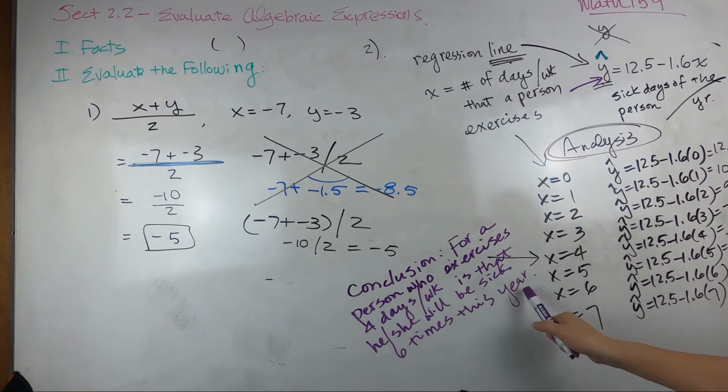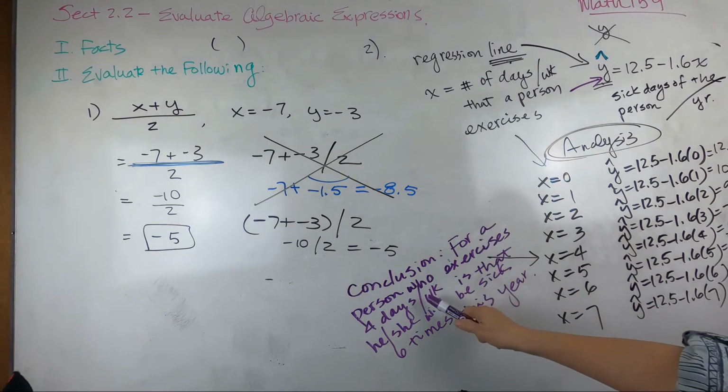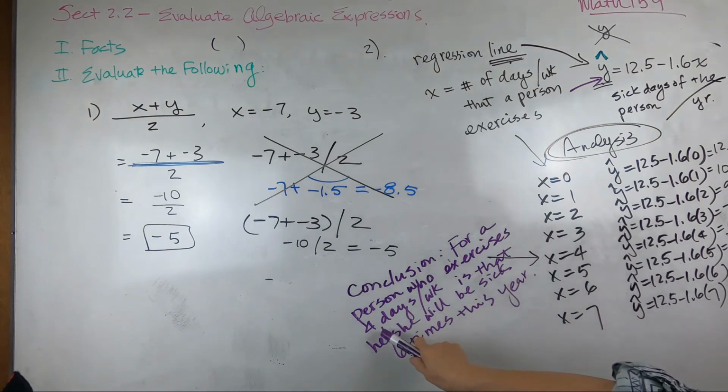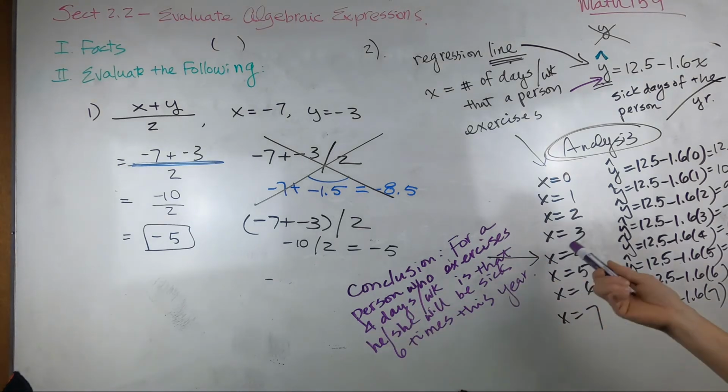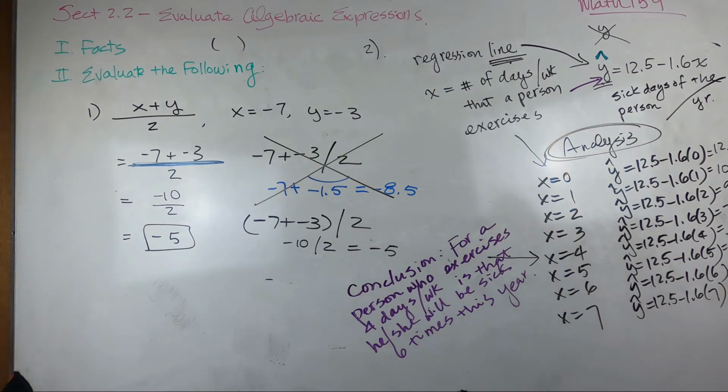The conclusion you can make is, for a person who exercises 4 days per week, the person will be sick 6 times this year. That was the question. You get used to all the words with a little equation, then you draw a conclusion.